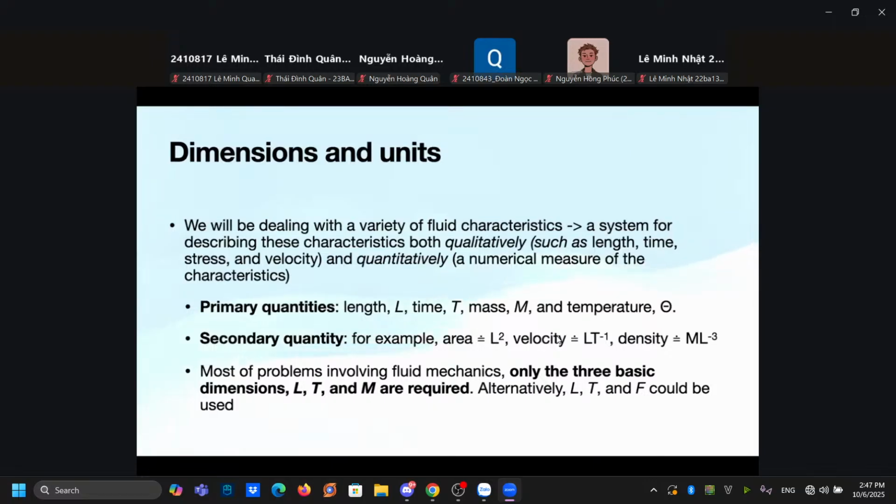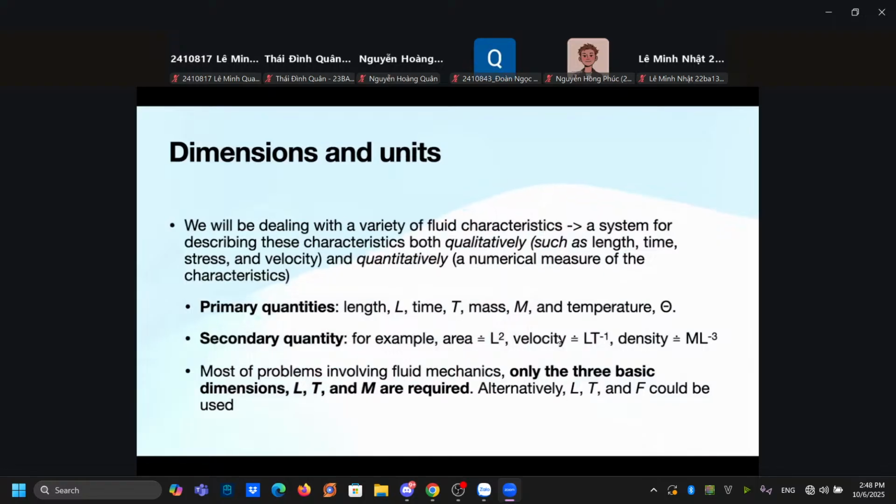We will be dealing with a variety of fluid characteristics. So we will need a system for describing the characteristics qualitatively, such as the length, the time, the stress, and velocity, and also to describe them quantitatively.